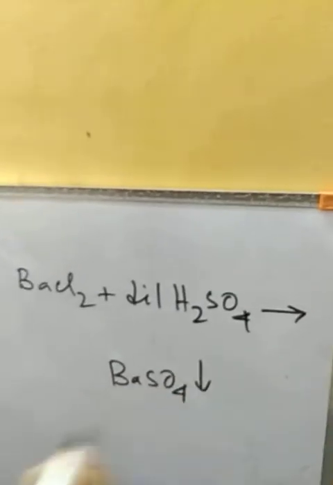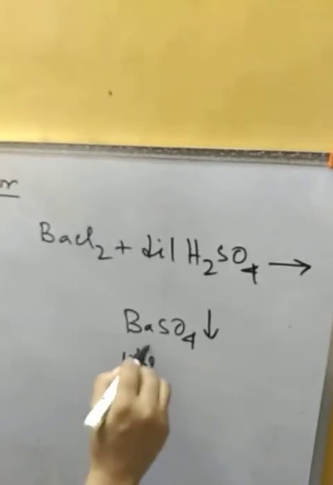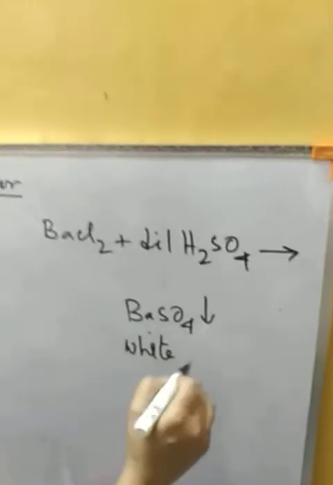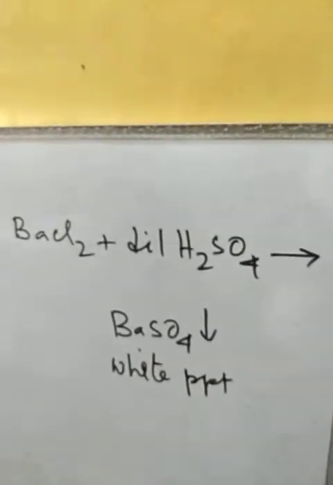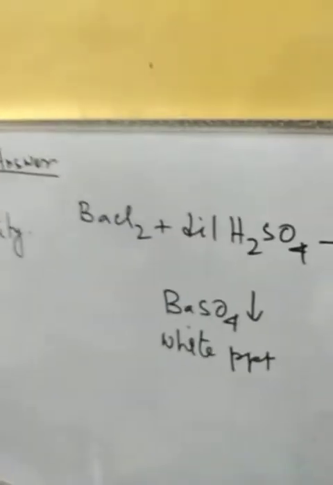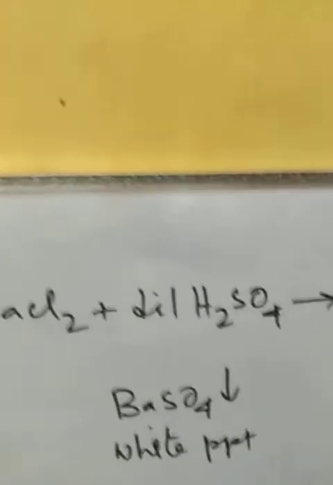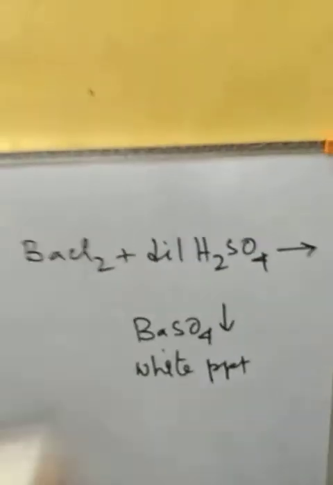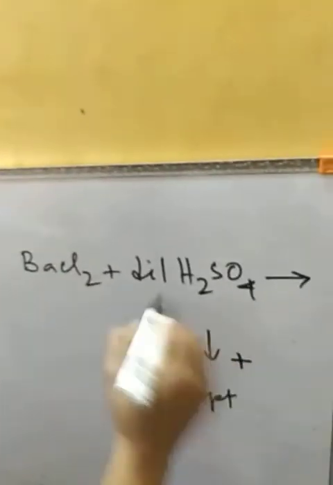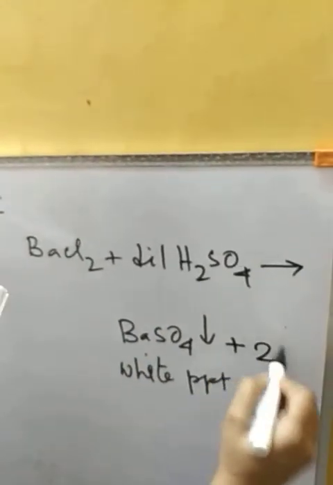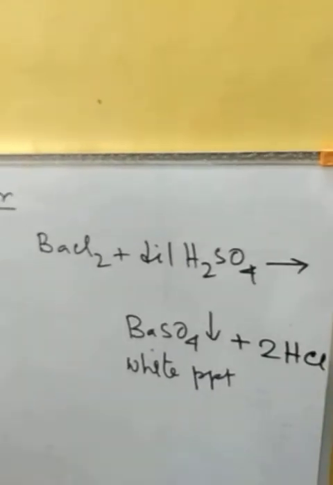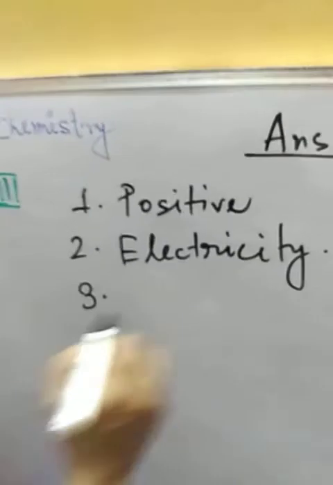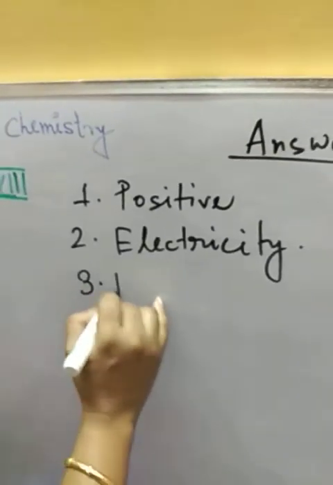This will form the white precipitate. The precipitation of barium sulfate we are going to get here, so you have to write this. Along with this, we are going to get hydrochloric acid in solution.